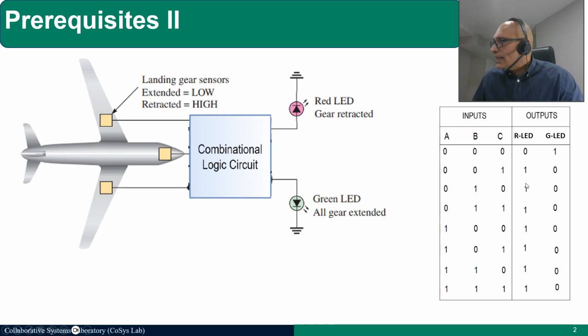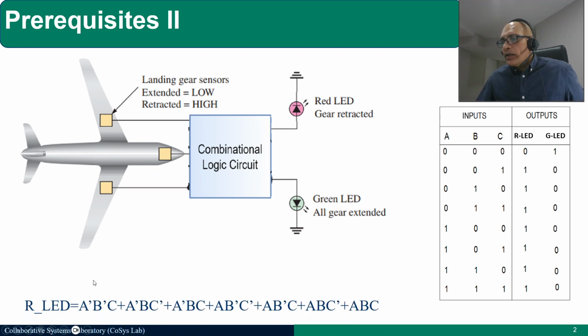So we need to look at these ones, identify the corresponding minterms, and combine them using OR operations. So we know that for this system, the corresponding Boolean expression for the red LED is this operation, which, as you can see, is quite large.